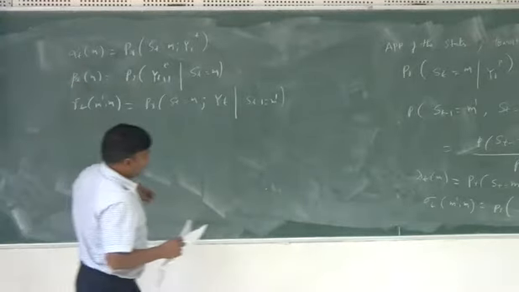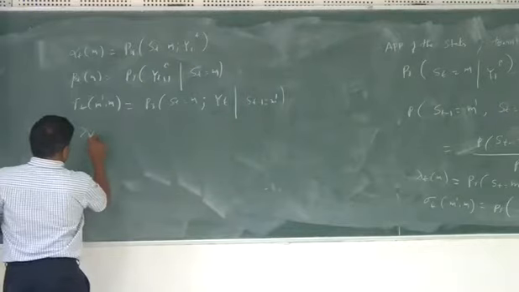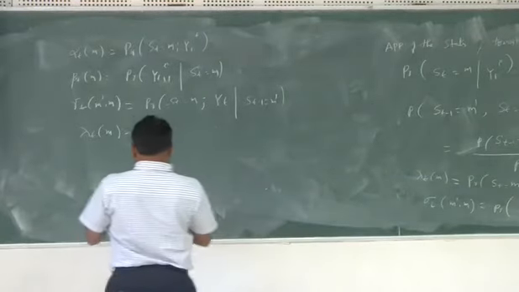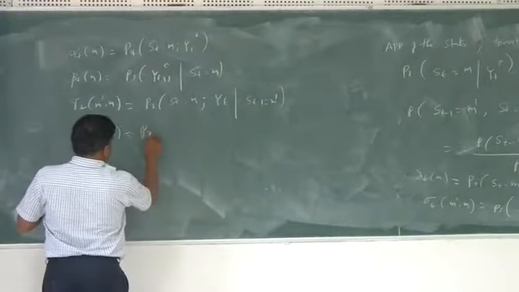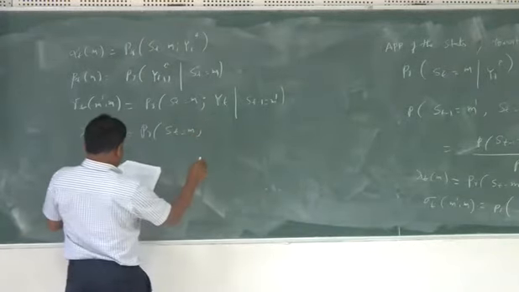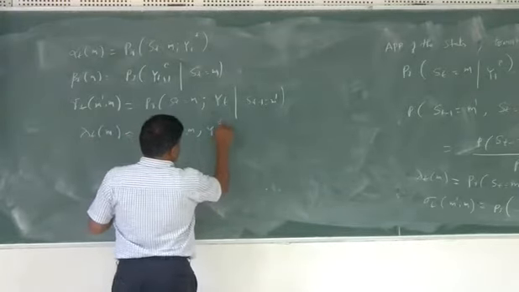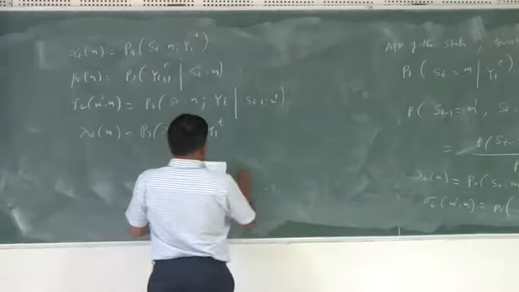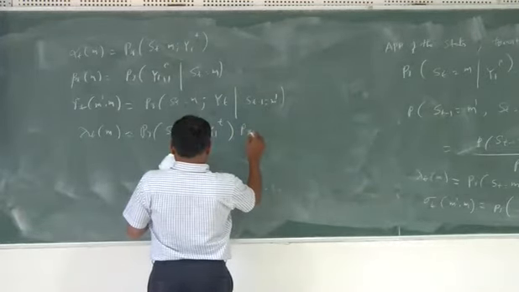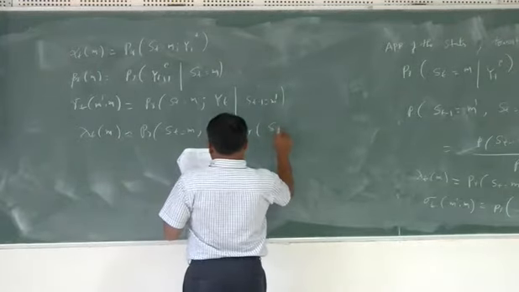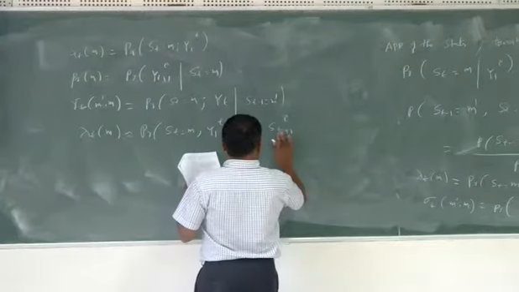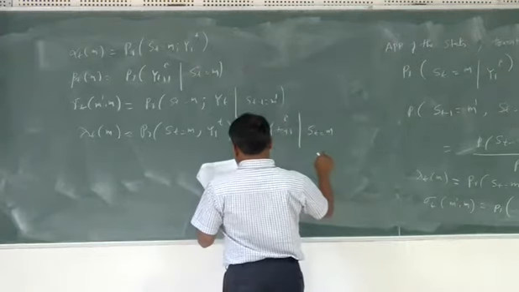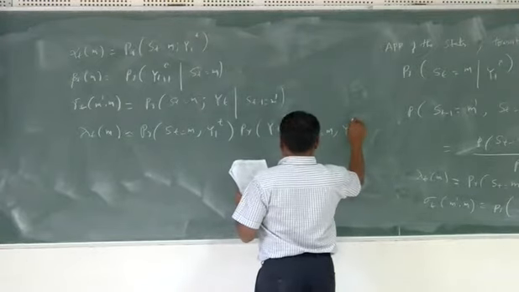First, using these probability functions, we will show that lambda t of m can be written as probability of st equal to m and y 1 to t, not the entire tau, y 1 to t, multiplied by probability of st plus 1 to tau given st equal to m, comma y 1 to t.